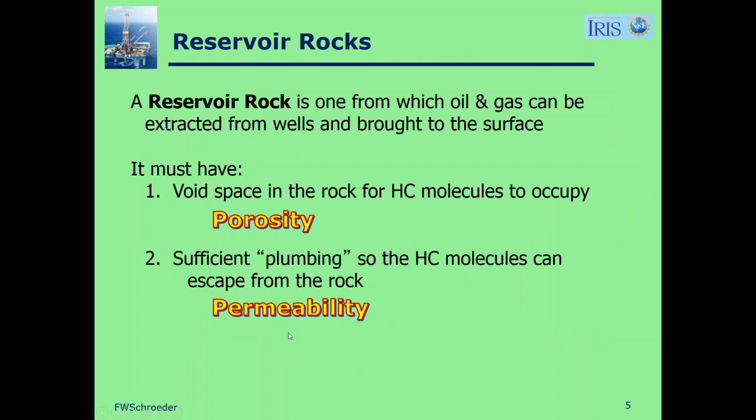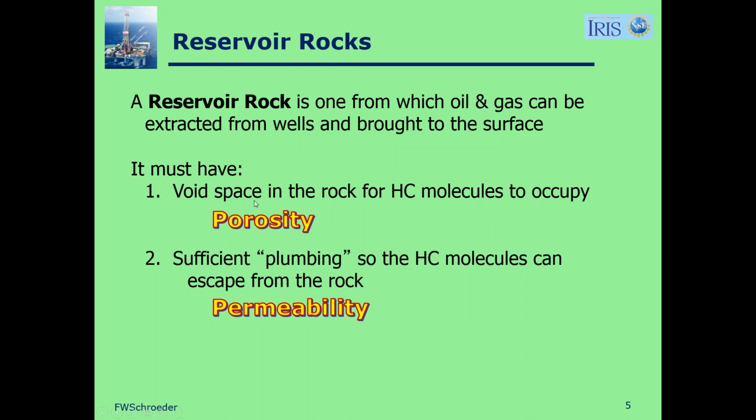It is one from which oil and gas can be extracted using wells, and we can bring those hydrocarbon fluids or gas up to the surface. At least in a conventional field, what we are looking for are rocks that have 2 primary properties.